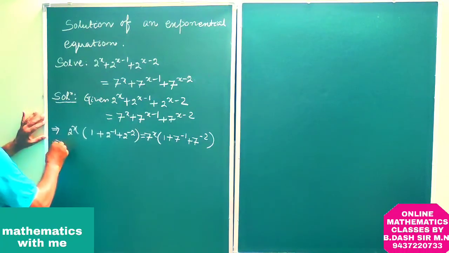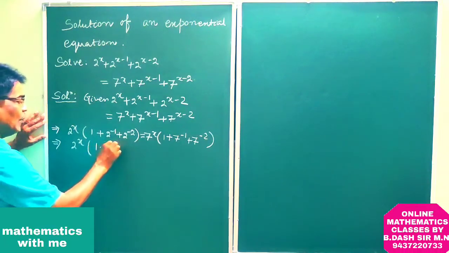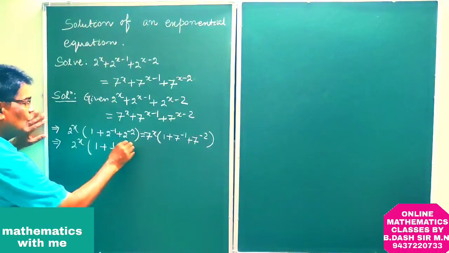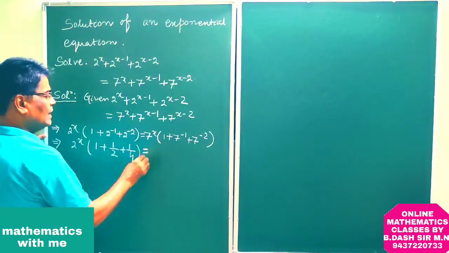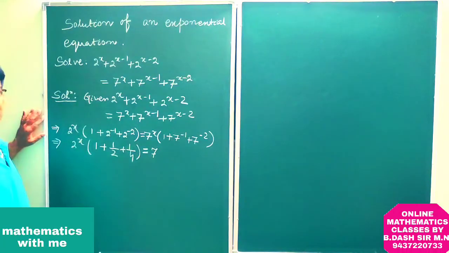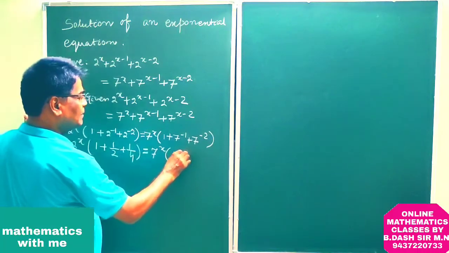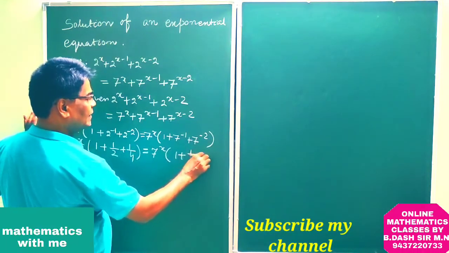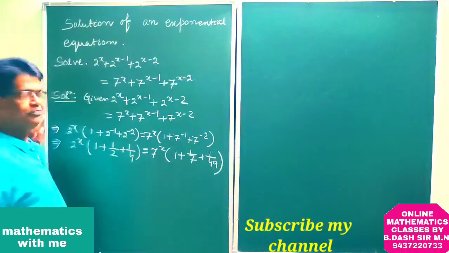This again implies 2^x (1 + 1/2 + 1/4) = 7^x (1 + 1/7 + 1/49).